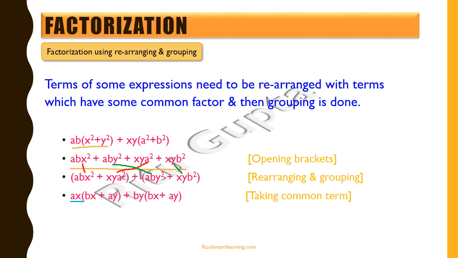Ax is taken out and we are left with bx plus ay, and in the second group we have by as the common factor, with bx plus ay again remaining in the brackets. Now we use the distributive property as we discussed in the previous example, and we get the final factors: ax plus by into bx plus ay. So these are the two factors of the given expression.